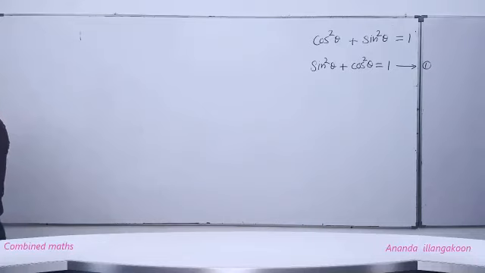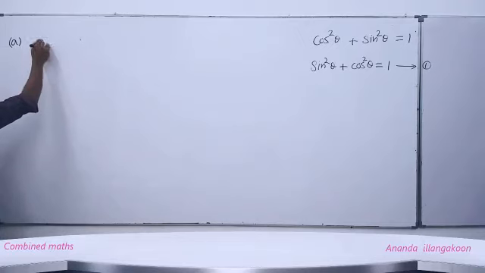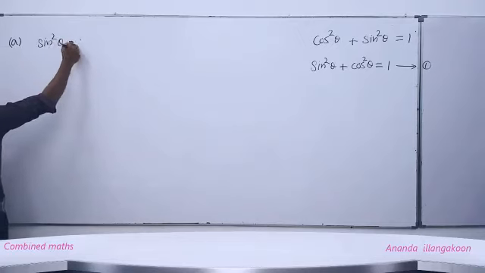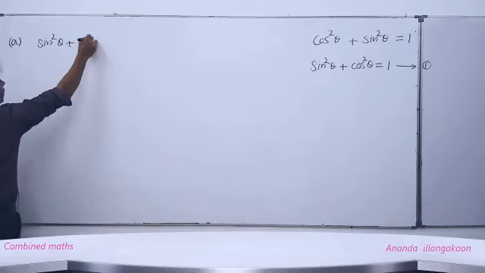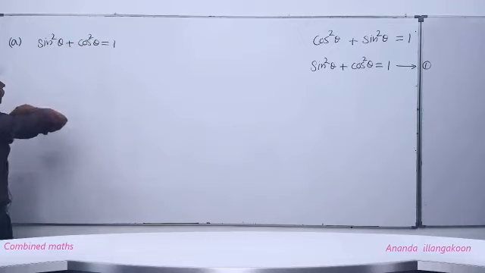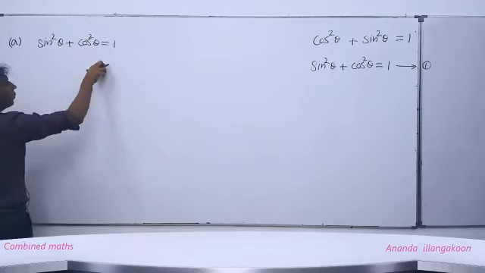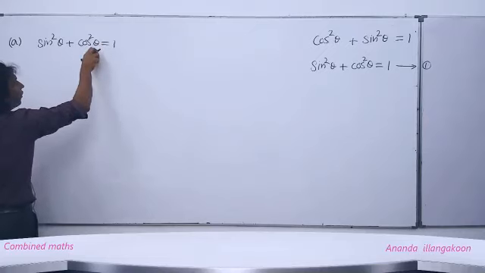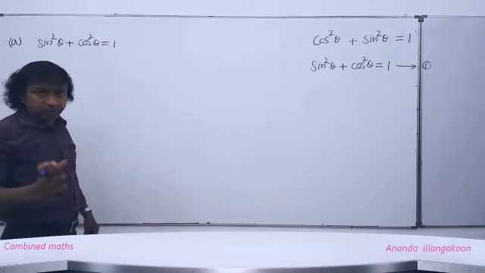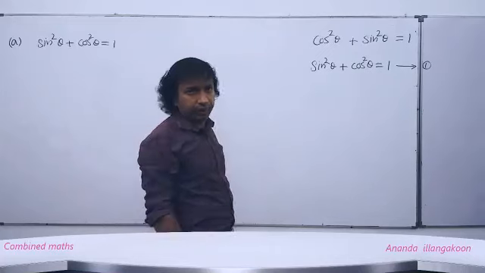First thing is this. Right? You know this sine square theta plus cos square theta is equal to 1. No? I take this cos square theta to right hand side. Once we take this cos square theta to right hand side, people, that will be minus cos square theta. You know that, no?